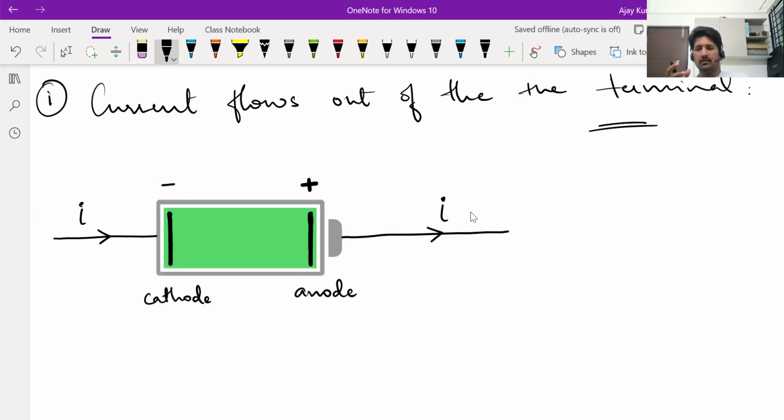Now inside the battery, it's not vacuum, there is electrolyte present. When electrons move through the electrolyte inside the battery, will they come across any resistance, or are they completely free to move?